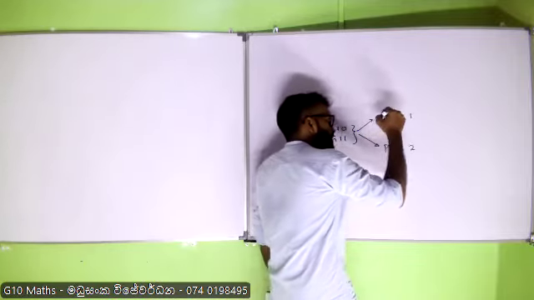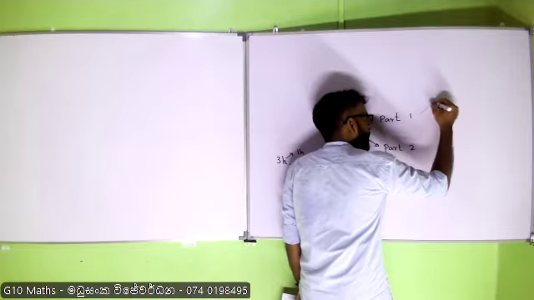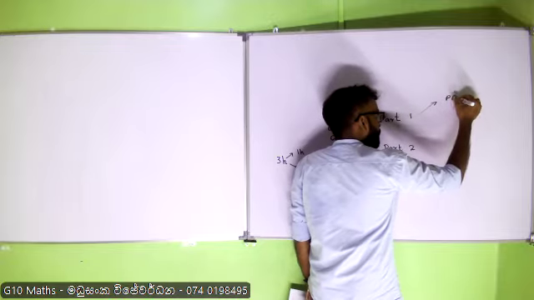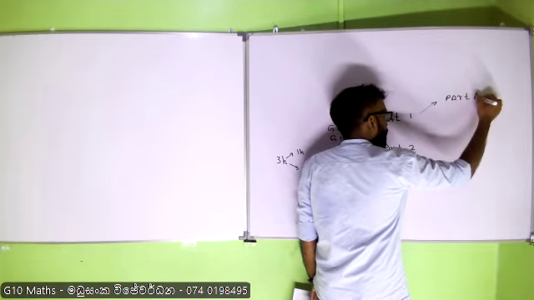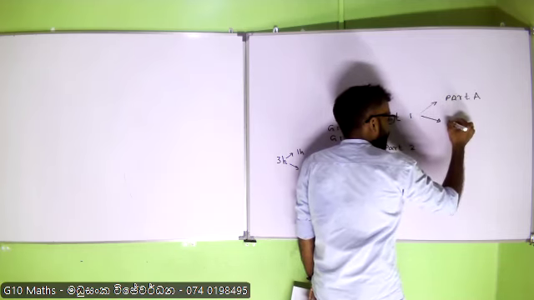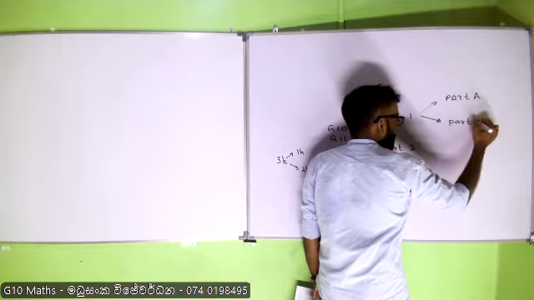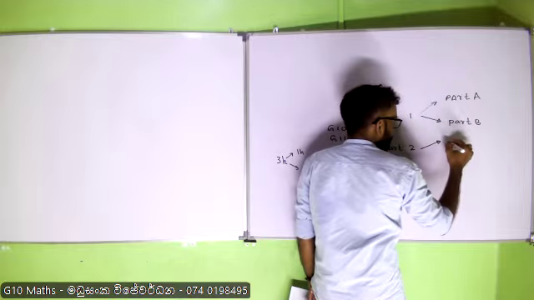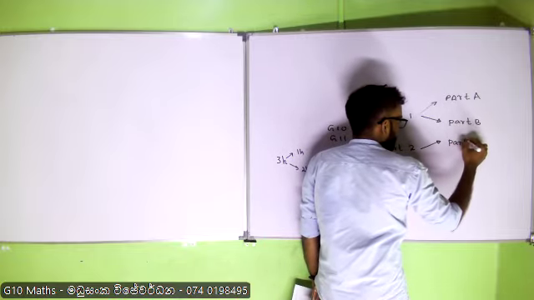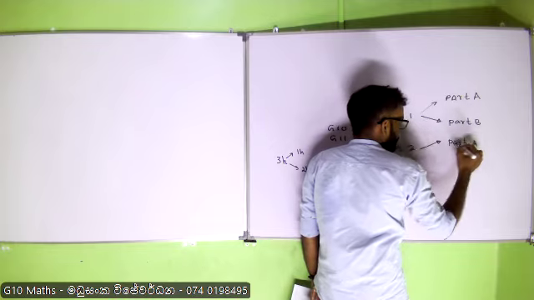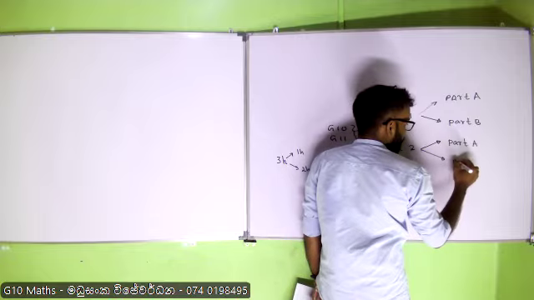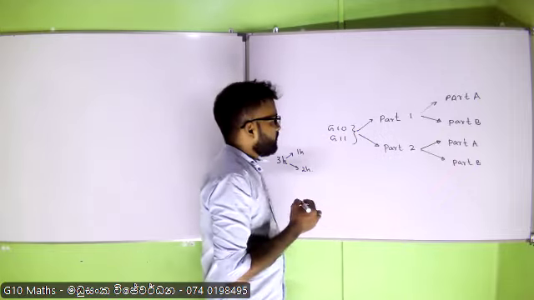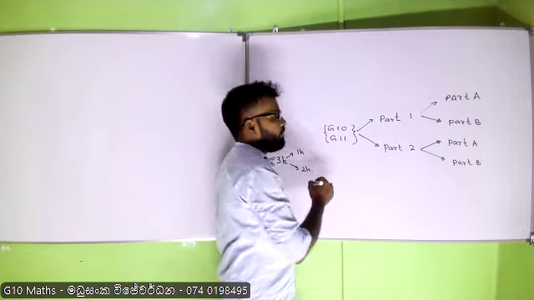Inside this part 1, you are having another part called part A and part B, and for part 2 as well, part A and part B. So this is the structure of the grade 10 and 11 paper.